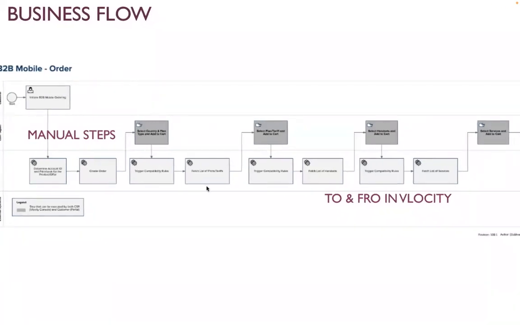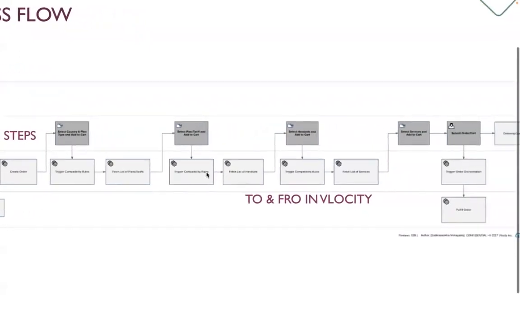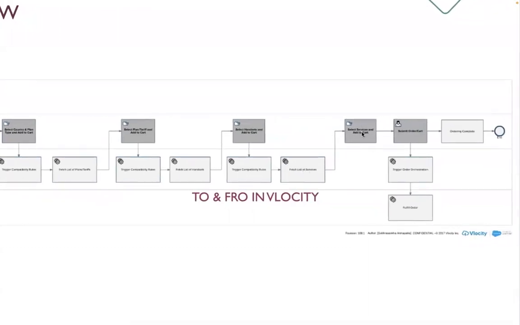Then you trigger the compatibility rules, check the available plan tariff, and accordingly create an order, and then you finally add the required services and submit the order.